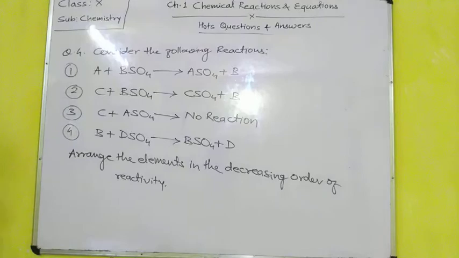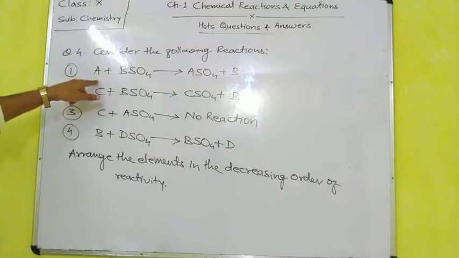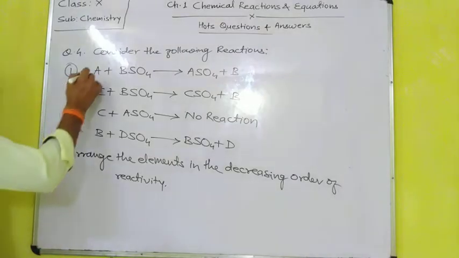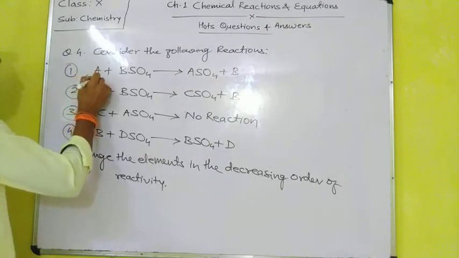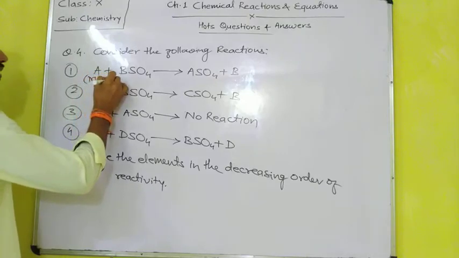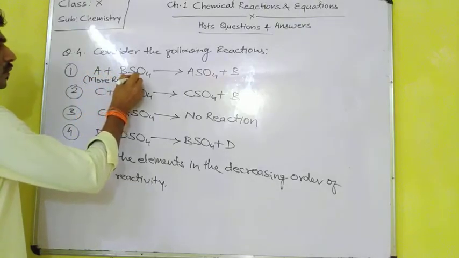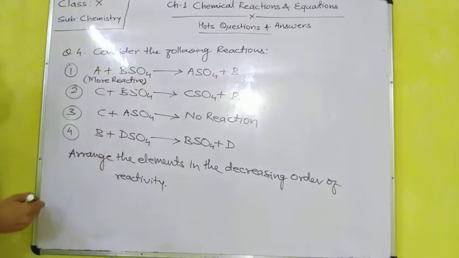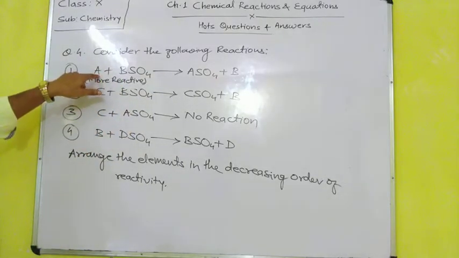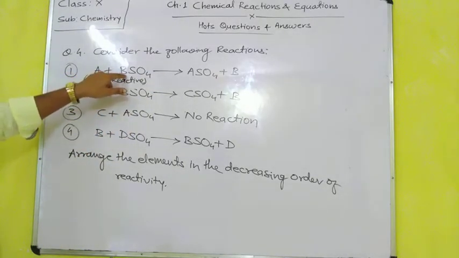Reactivity. Okay, so now the first reaction, just look. All these reactions are examples of displacement reactions. So here A is a more reactive element. A is more reactive than B. The more reactive element displaces the less reactive element from its salt and takes the place of the less reactive element.